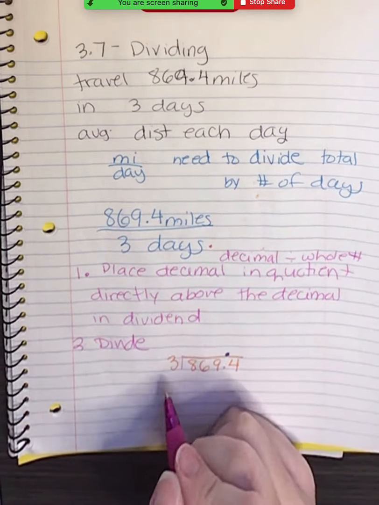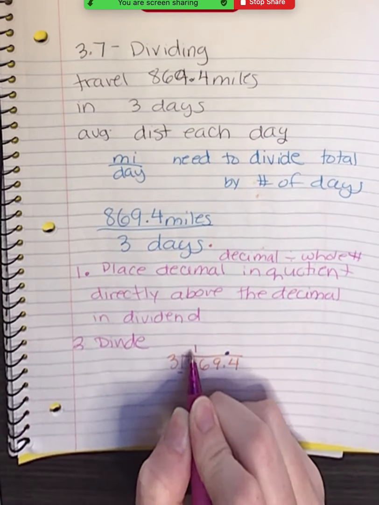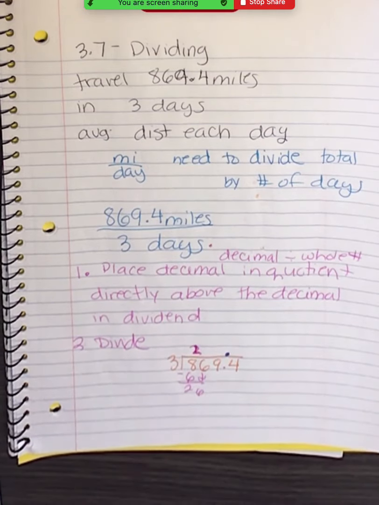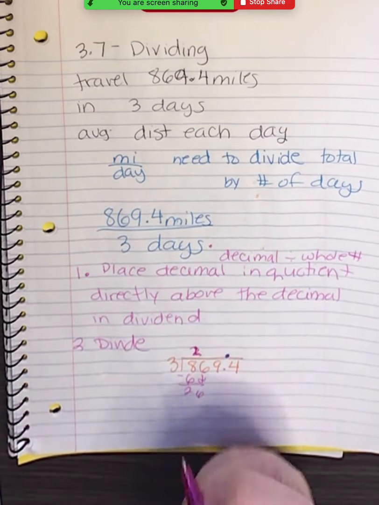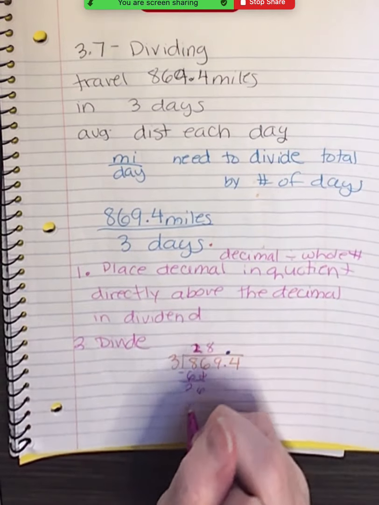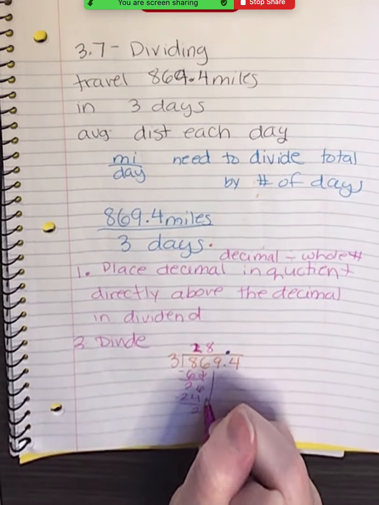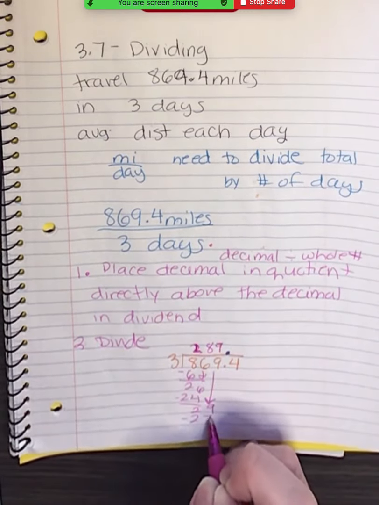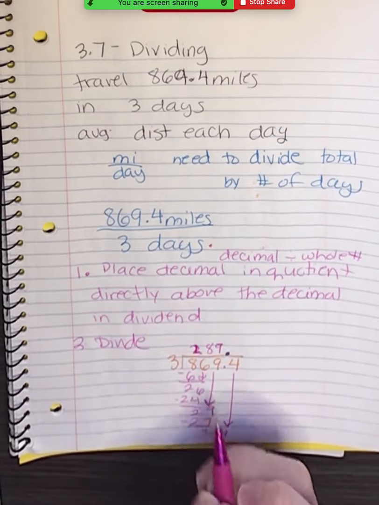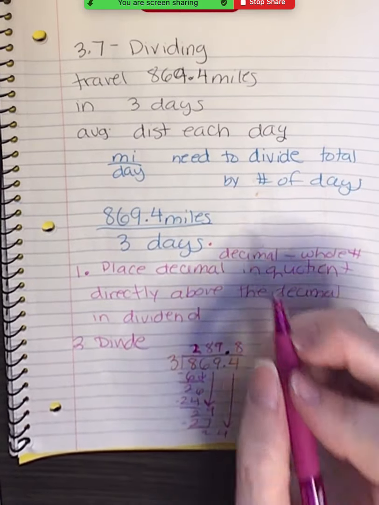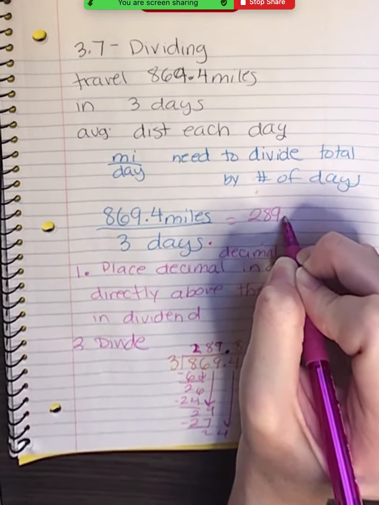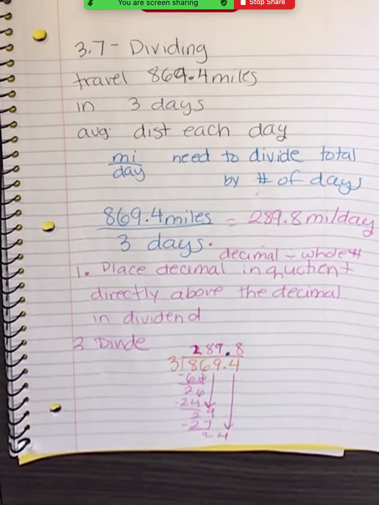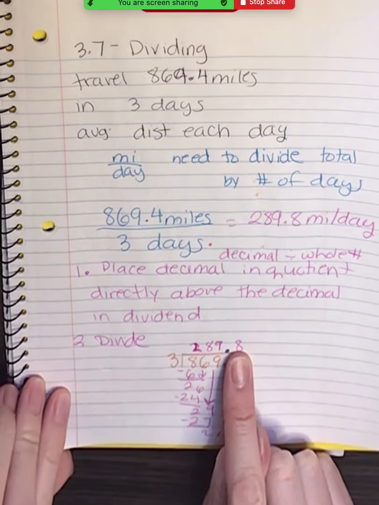So 3 goes into 8 twice. 3 goes into 26 8 times. 3 goes into 29 9 times. Bring down the 4. And then 3 goes into 24 8 times. And you get 289.8 miles per day. Okay, straightforward. We simply placed our decimal and then we divided.